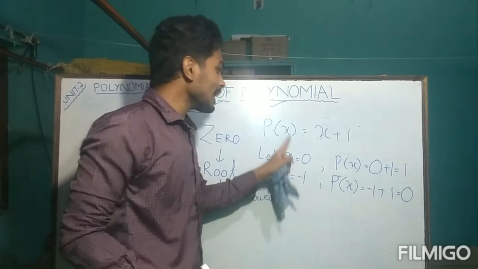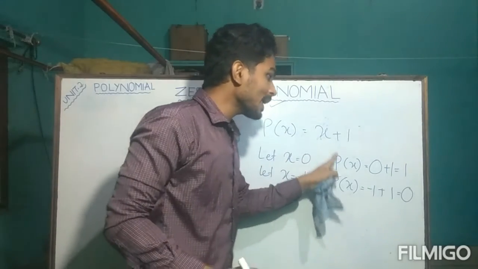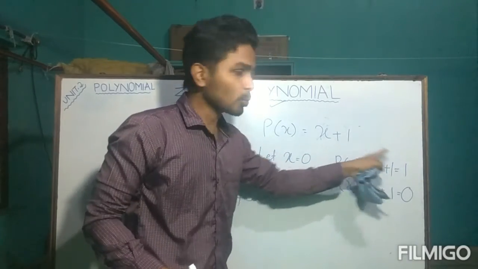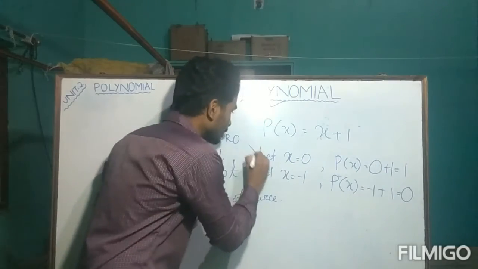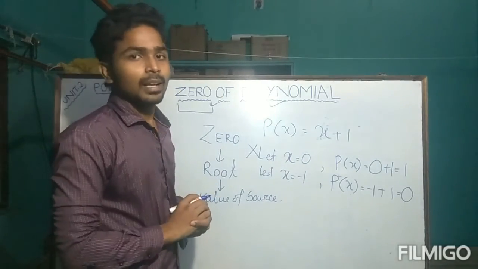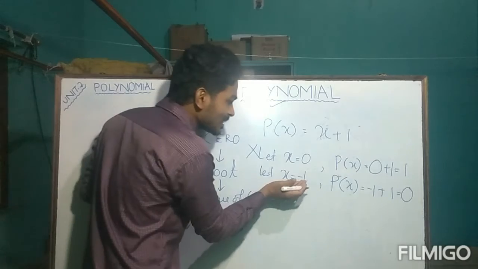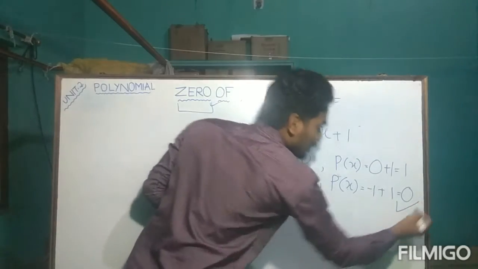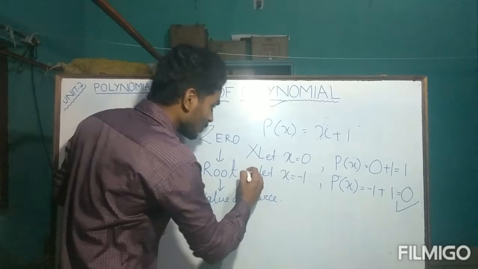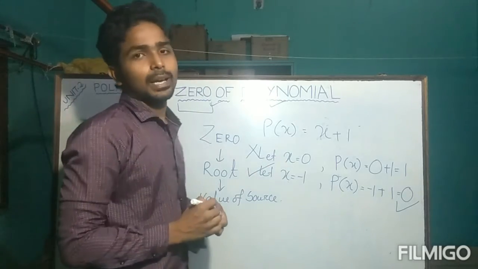But after putting x is equal to 0, do you get the polynomial value 0? No, we get the value of the polynomial as 1. So it cannot be the 0 of polynomial. But after putting x is equal to minus 1, we get the value of the polynomial as 0. So it is known as 0 of polynomial.